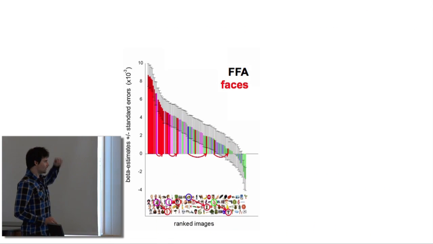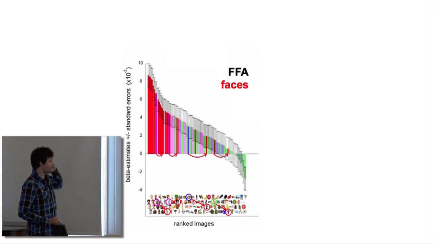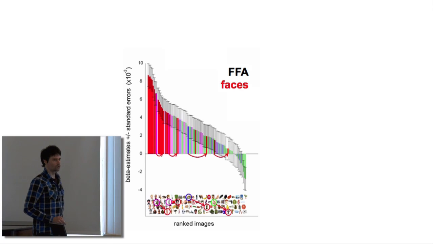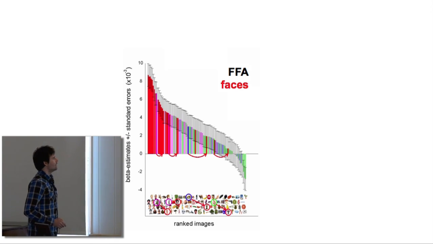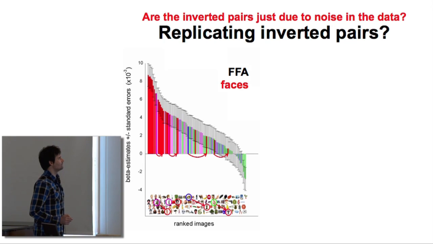So an important question is, when we look at this, we have these inversions here, right? So we have non-faces that drive FFA more strongly than some faces. And we want to know, are these inverted pairs just due to noise in the data? Or in other words, are there replicable inverted pairs?